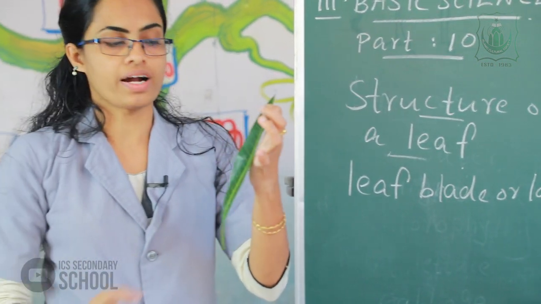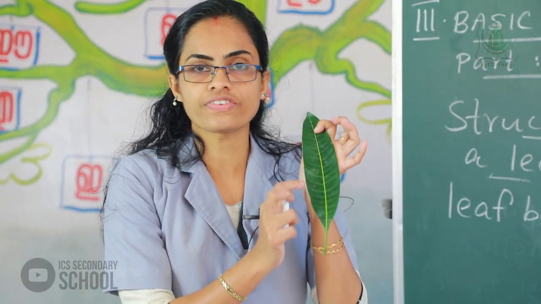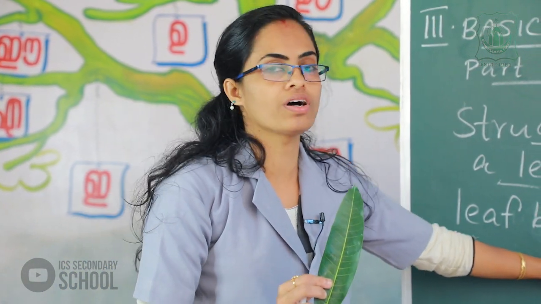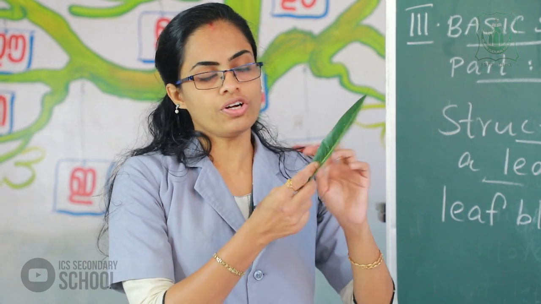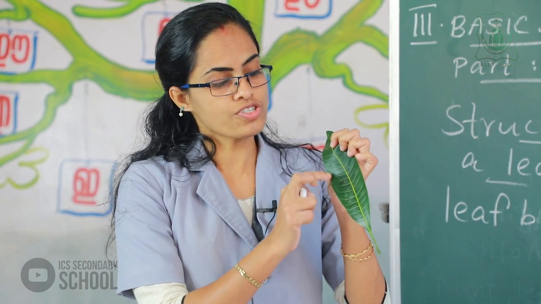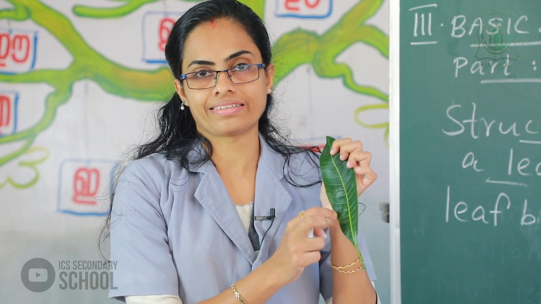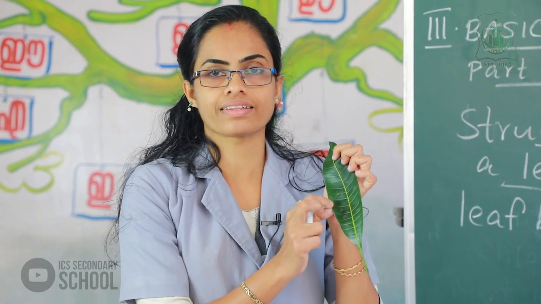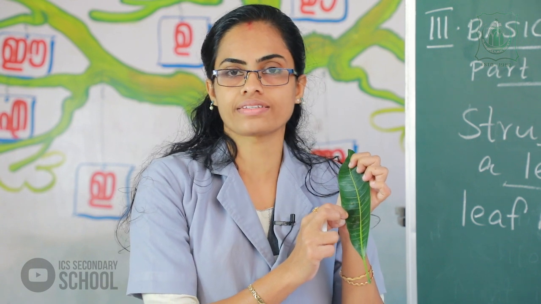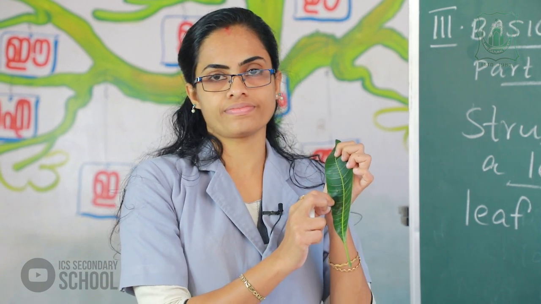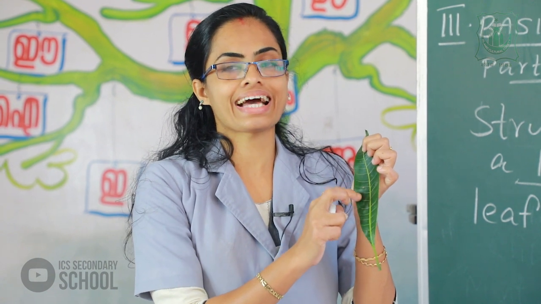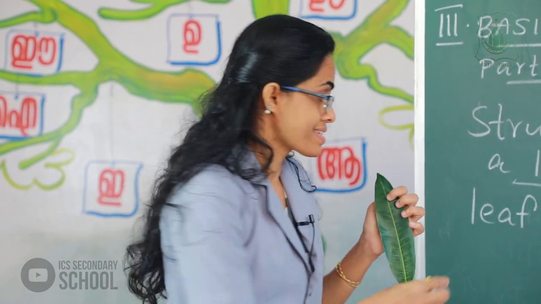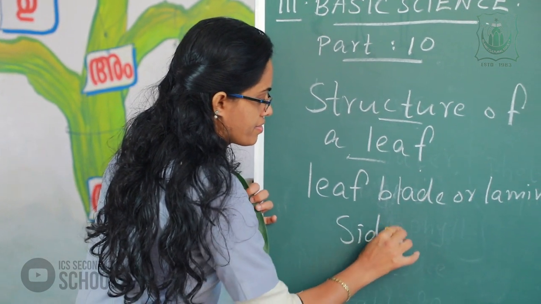All of you listen here. So many lines are there. That is called veins. The many lines at the sides are called side veins.